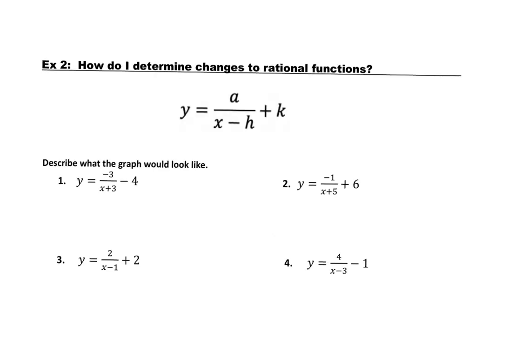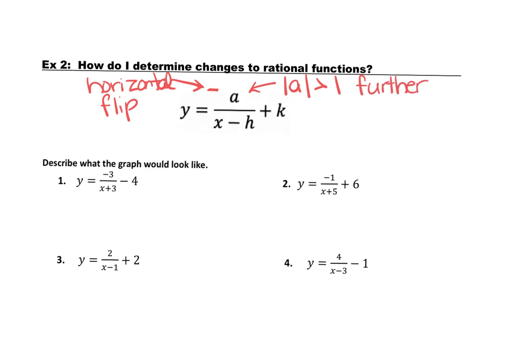All right, example number 2, how do I determine changes of the rational functions? One of the changes that we have learned is that if we have a negative, that is going to be a horizontal flip. And then when we have the a, as that a gets bigger, if the absolute value of a is greater than 1, it means it's further from the intersection of the asymptote.